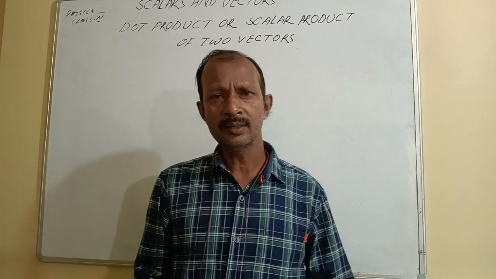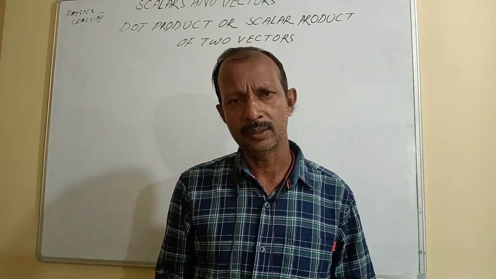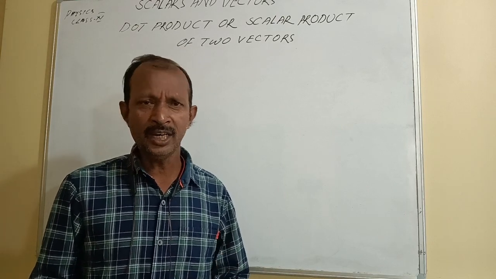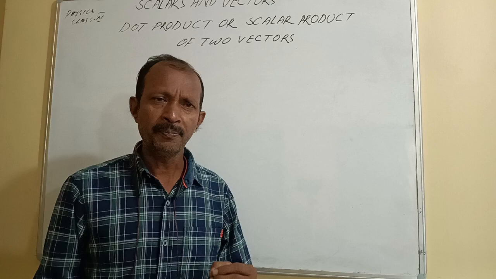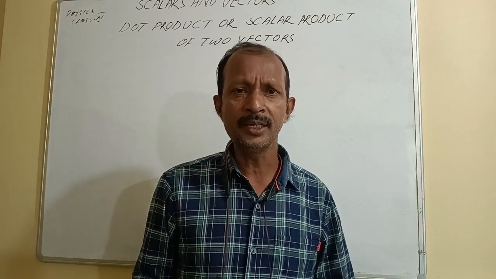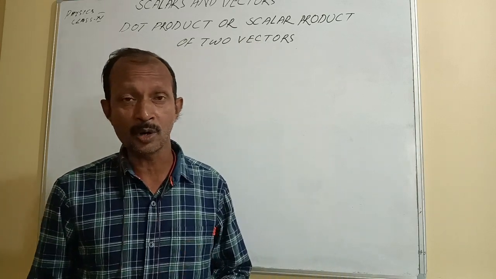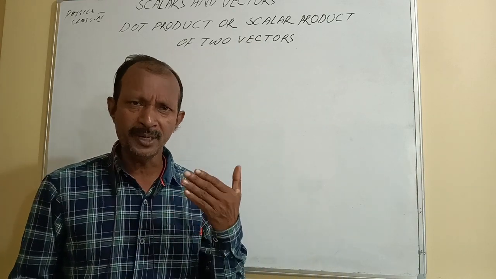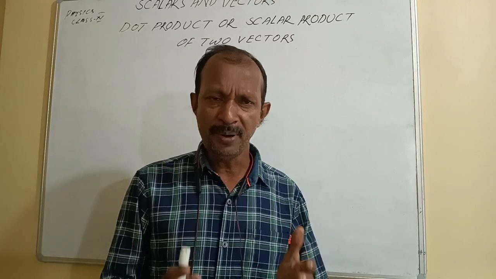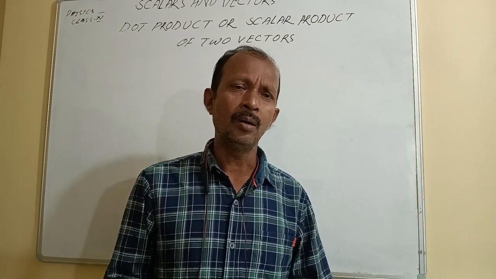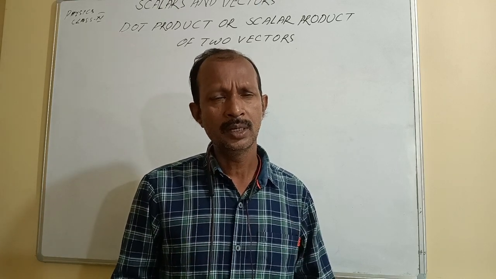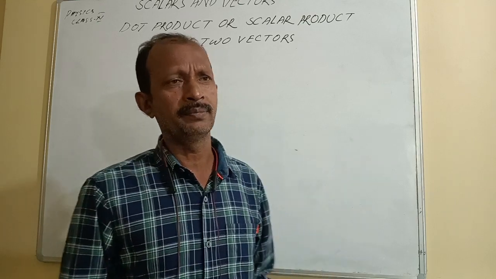may be a scalar, may be a vector, because whenever we multiply two vectors, it will give a physical quantity which may be a scalar or may be a vector. That means the product of two vectors may be a scalar or may be a vector. Based upon that, the multiplication or product of vectors is classified into two types.